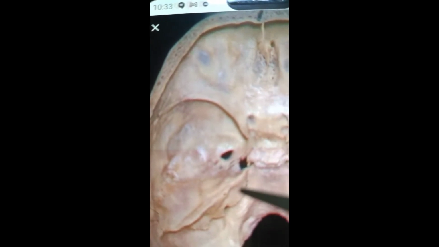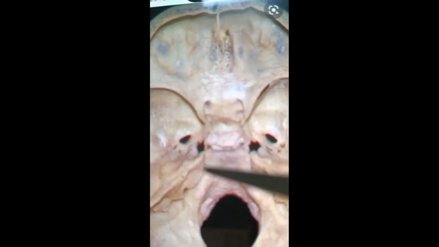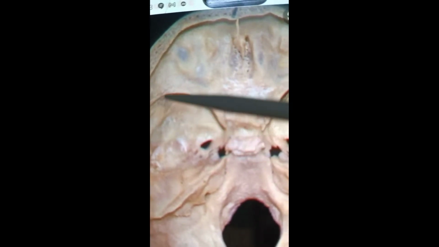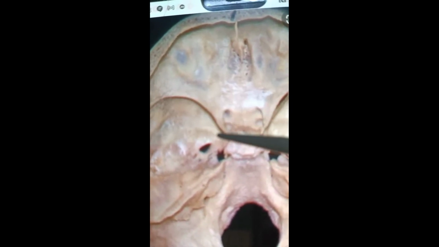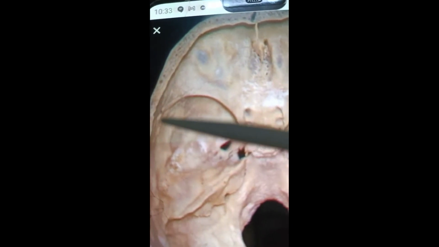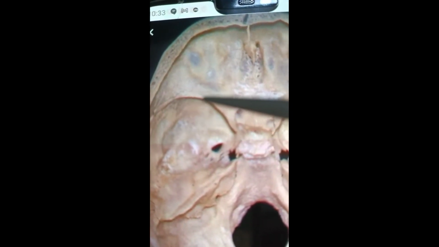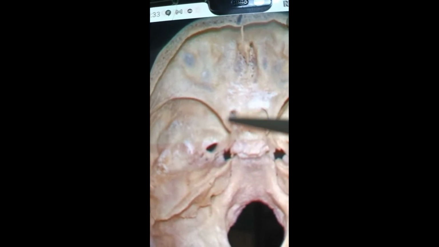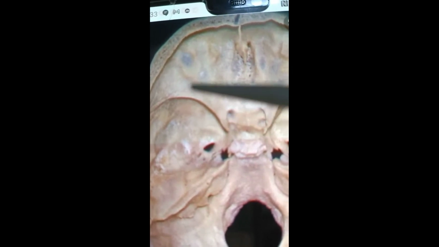So this bone here is the sphenoid bone, and this is the lesser wing of sphenoid. So it starts from this plate like this, winds round and ends in the anterior clinoid process.